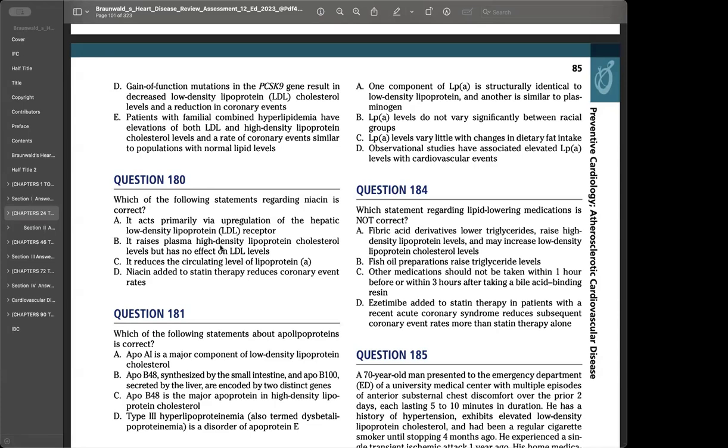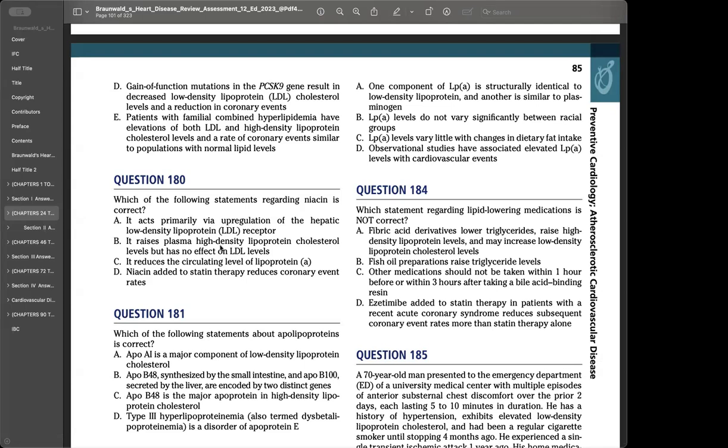Option D, ezetimibe added to statin therapy in patients with recent acute coronary syndrome reduces subsequent coronary event rates more than statin therapy alone. This is true because in the IMPROVE-IT trial, where ezetimibe was combined with simvastatin, it was said to reduce cardiovascular events more than the statin therapy alone.